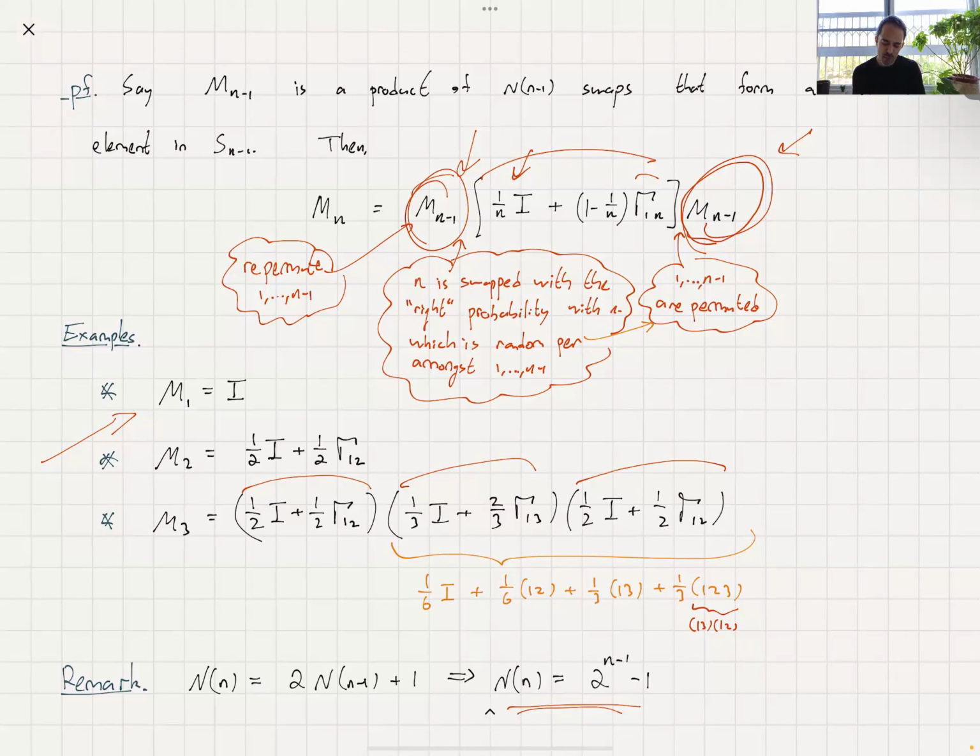Now, I may confuse you, because you may have expected to see something larger than n factorial, because you need all n factorial options, but this has nothing to do with it. This is the number of random swaps. If you open up all of these, you get 2 to the n minus 1 permutations, and that's more than enough to accommodate the n factorial permutations that you expect to see.